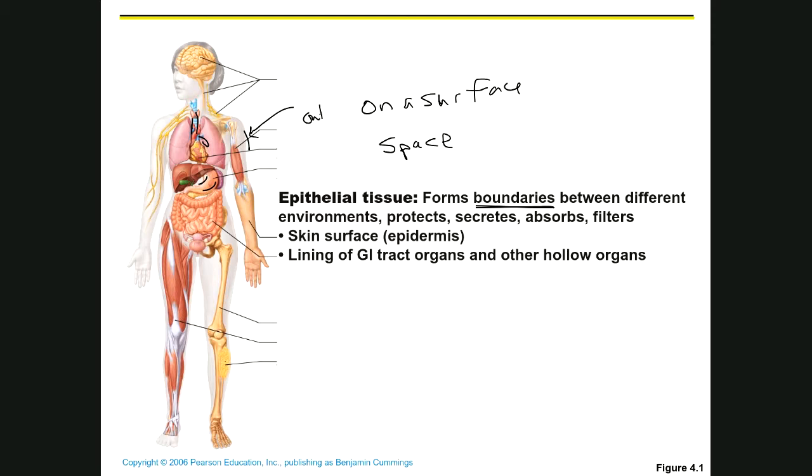Some examples of this tissue are things like the skin, the lining of the GI tract and other organs, the lining of blood vessels, the lining of the heart, all sorts of things. It has a bunch of different functions. It can protect, but it can also do things like secretion and absorption. It can also do things like filtration. Those are the kinds of things that we're going to see.